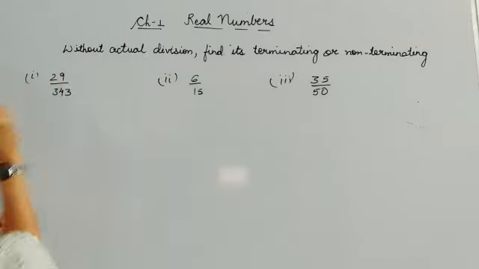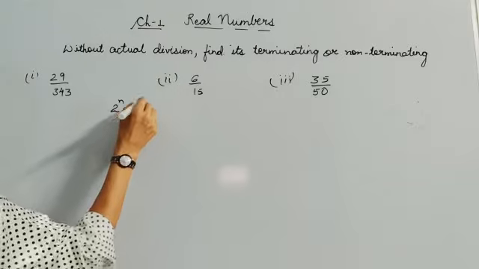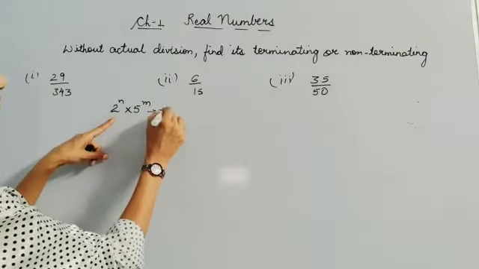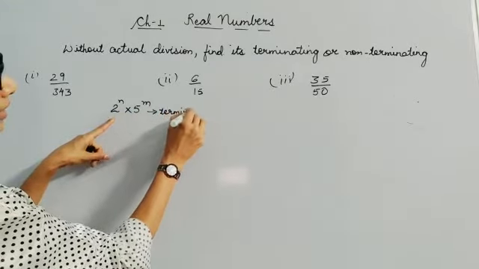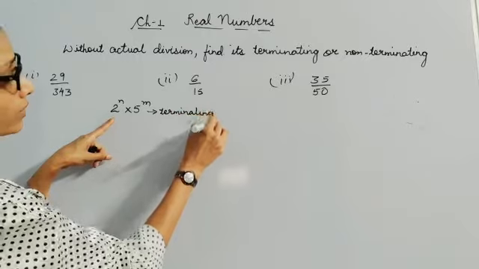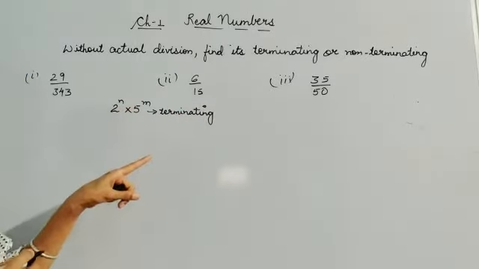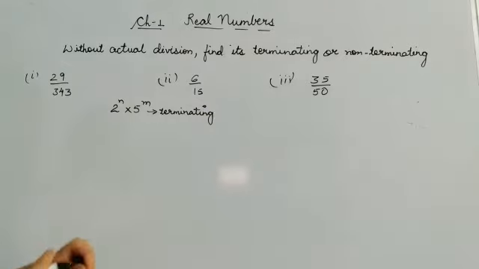If your denominator is of the form 2 raised to power n into 5 raised to power m, then we can say that it is terminating. But if a number other than 2 and 5 occurs in the denominator, then we say it is non-terminating. Let's see the first question here.